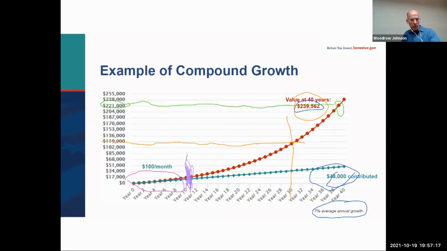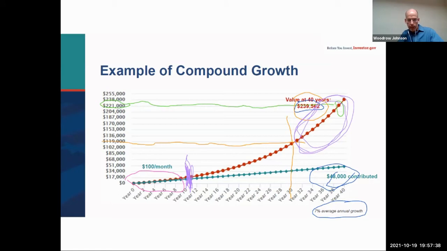I don't lose the first 10 years of growth, really. And in fact, what I lose is the last 10 years. So if my kids choose to wait until age 35 to invest, their portfolio will be literally half what it would have been had they started at age 25.